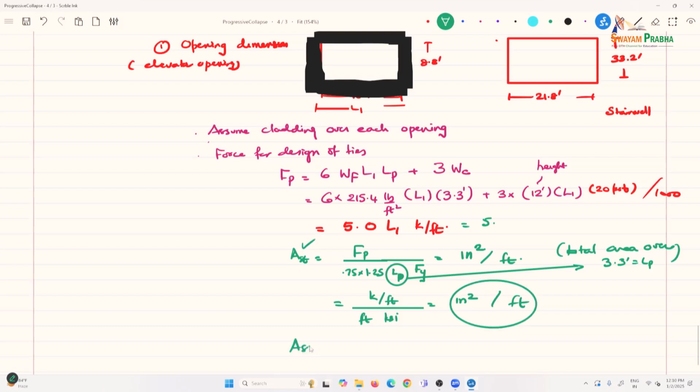So AST is 5 kips per foot L1 divided by 0.75 times 1.25 times 60 KSI multiplied by 3.3 feet, which comes to 0.027 L1.